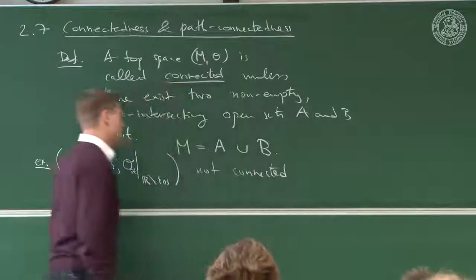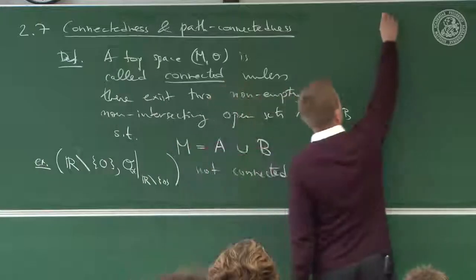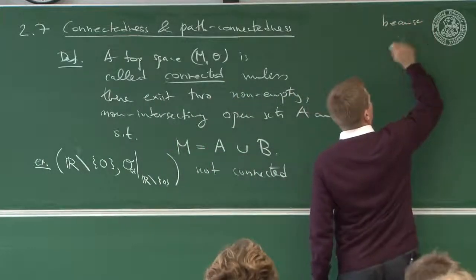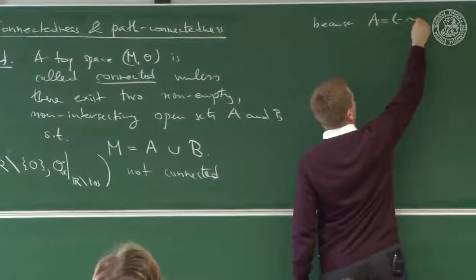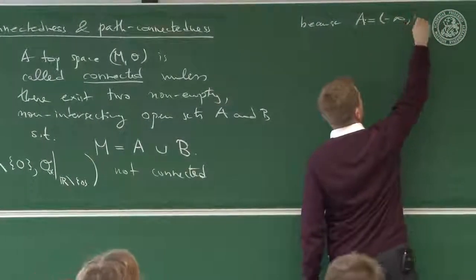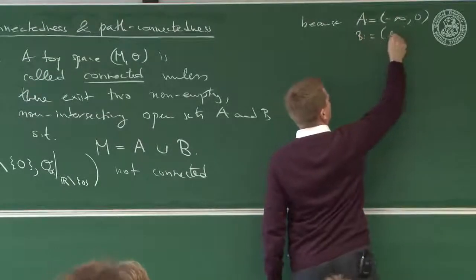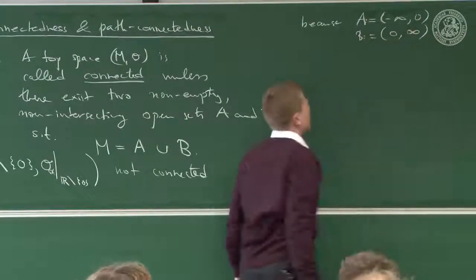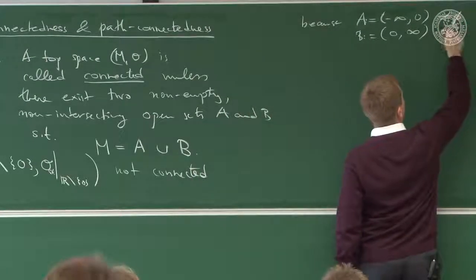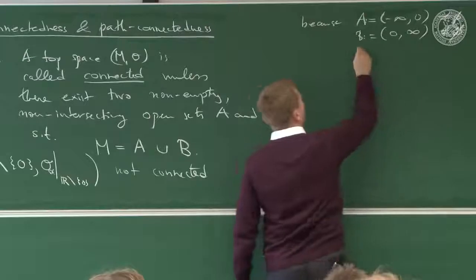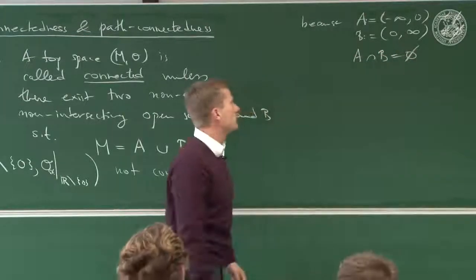Not connected. And the intuition is quite simple, because let A be the interval from -infinity to 0, both exclusively, and let B be the interval from 0 to +infinity. It's clear they're both non-empty. They're both non-intersecting. And they're both open.